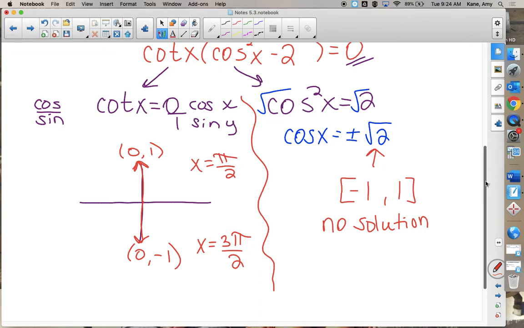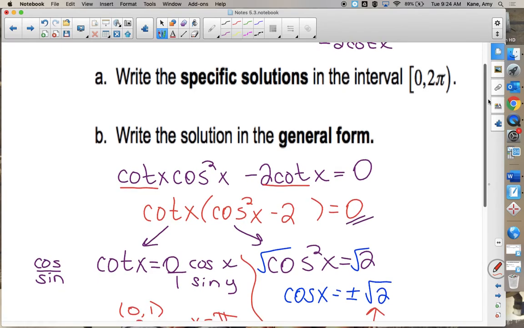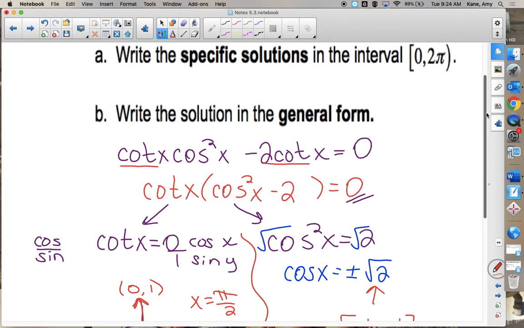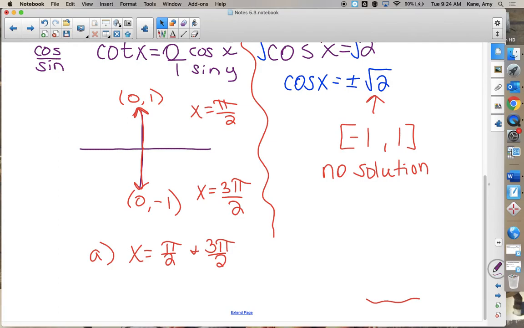So going back to look at the question, it says to write the specific solutions from 0 to 2 pi, and then it says to write the general form. So our specific solutions, the angles, would be pi over 2 and 3 pi over 2. So those will be our specific angle answers.